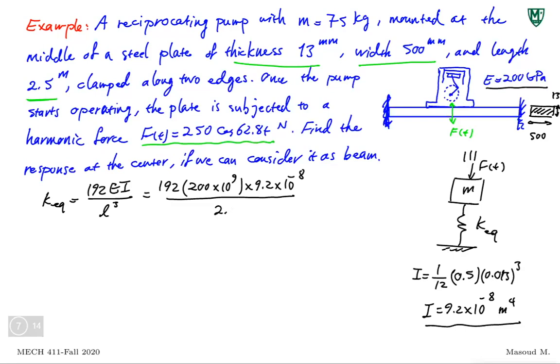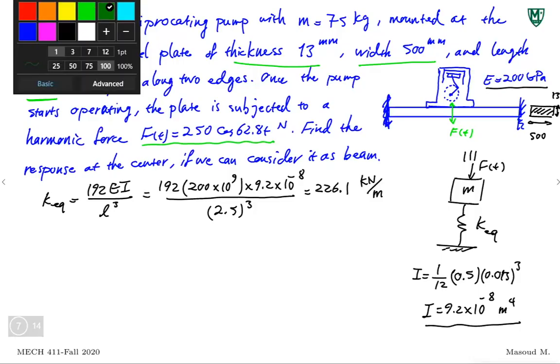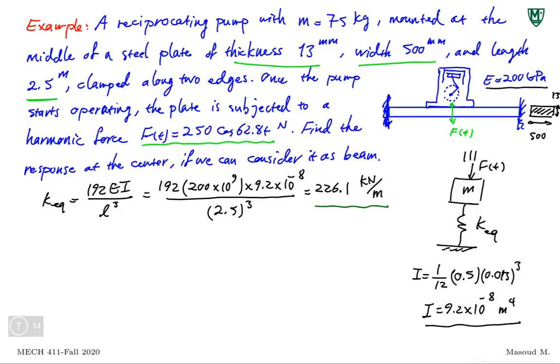So 2.5 to the 3. Doing this math, you will get 6.1 kilonewton per meter. If I didn't make any mistake, this should be the number you get. Let me know if I made a mistake so I can fix it in my notes.